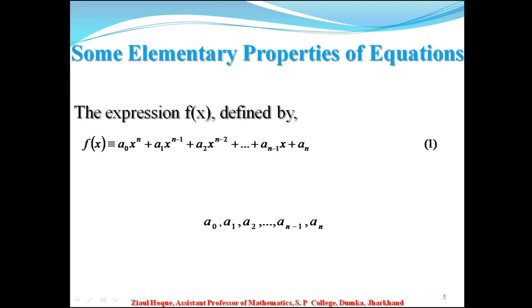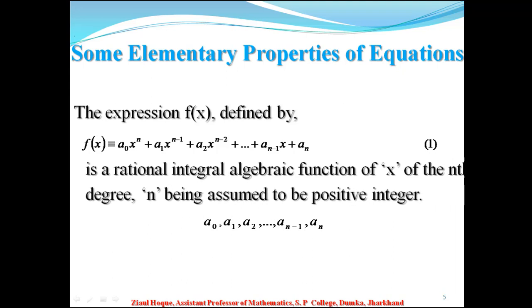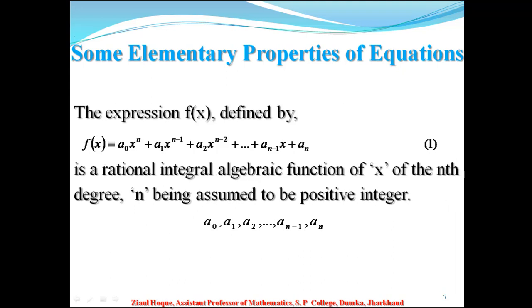The expression defined by f(x) equal to a0 x to the power n plus a1 x to the power n minus 1 plus a2 x to the power n minus 2 plus dot dot dot plus an minus 1 x plus an is a rational integral algebraic function of x of the nth degree, n being assumed to be a positive integer.